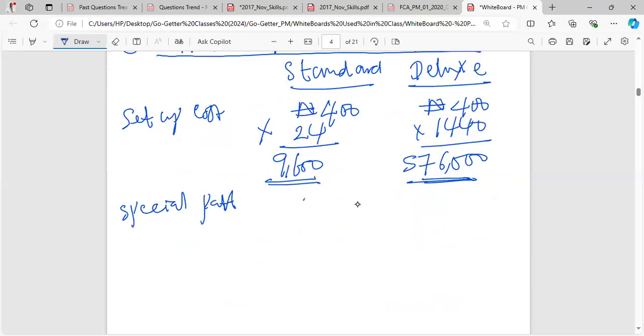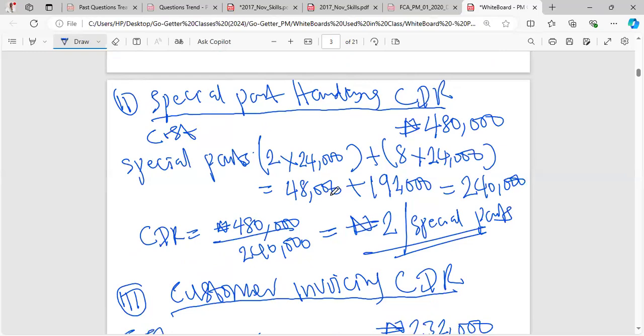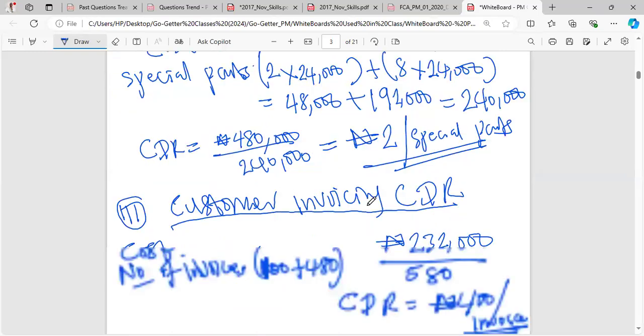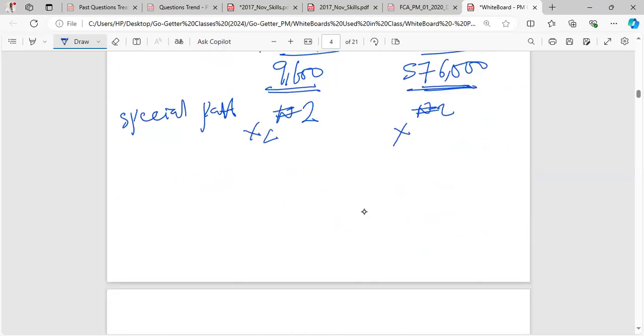So we start with 2 multiplied by the number of special parts that we used. We have 48,000 and 192,000.